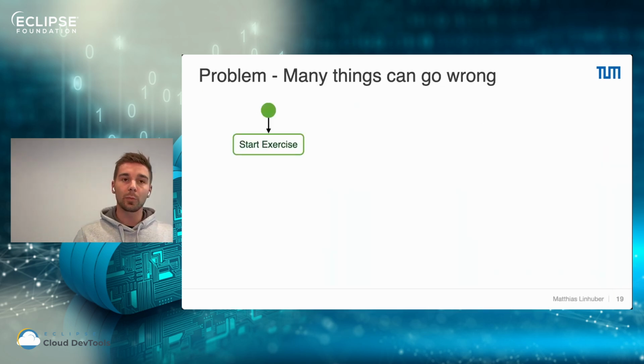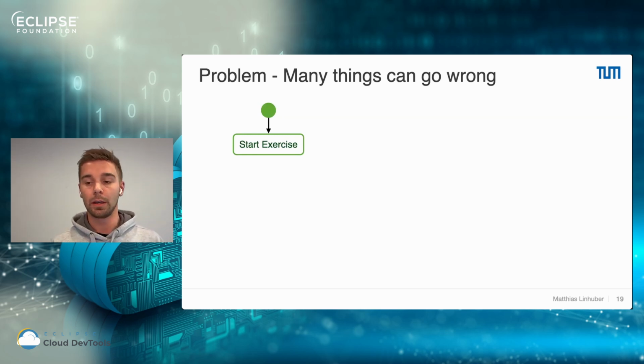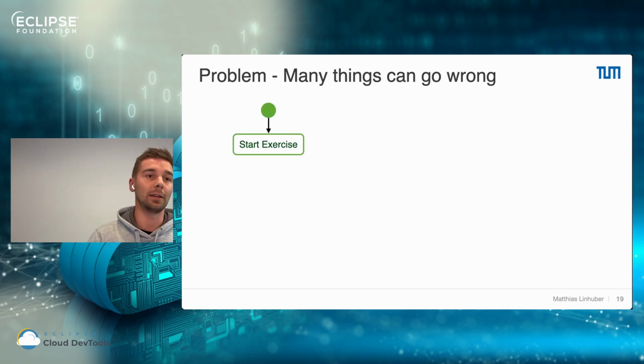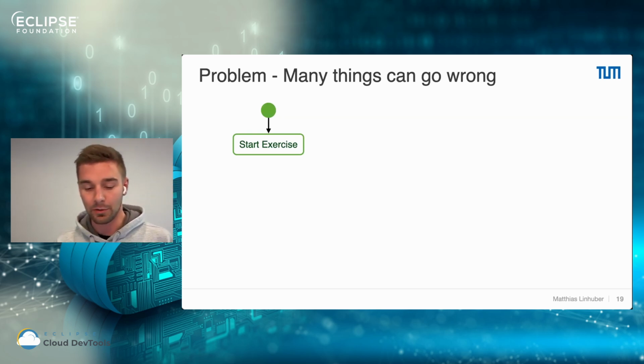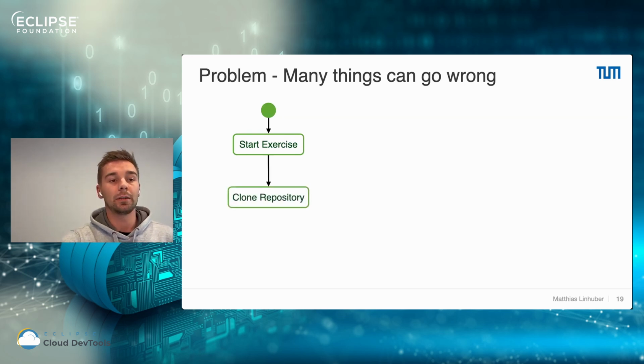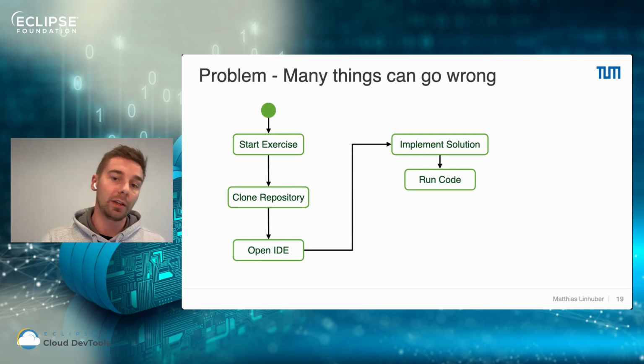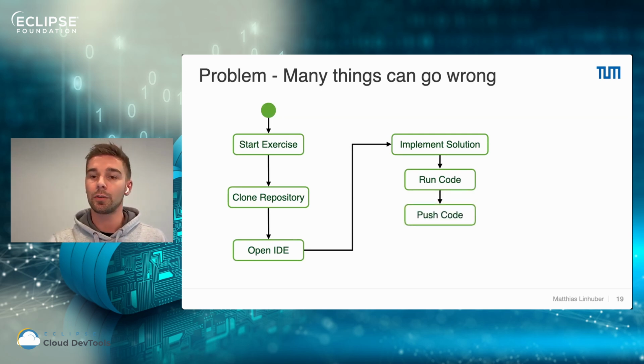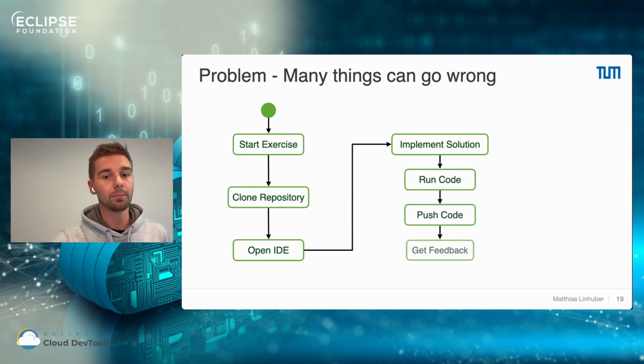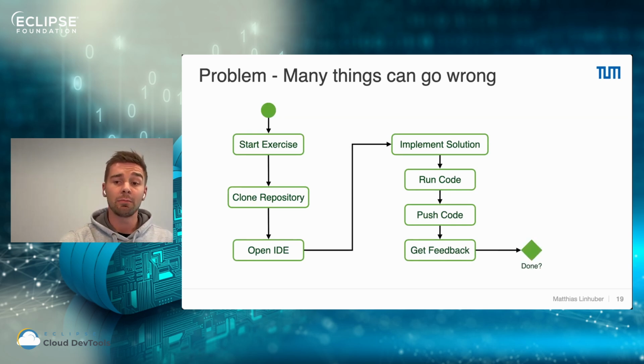So what is the problem with this approach? There are so many things that we simply assume that is quite a challenge for the students to get right. So we start off with simply starting the exercise, and then the student might need to clone the repository, open an IDE, implement some kind of solution, maybe test the code, run the code locally, push the code to Artemis so it can actually be assessed, get some feedback, and then the student needs to assess: am I done with the exercise?